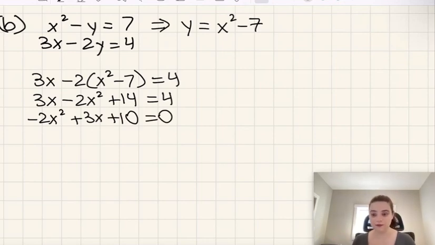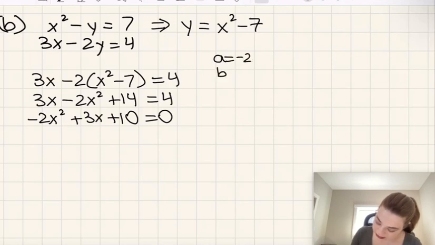And then what we need to do is use the quadratic formula. Or, I mean, we could also technically complete the square, although completing the square would be a bit of an ugly process here because there would end up being a lot of fractions and decimals we'd have to go with. So I think in this case, definitely the quadratic formula is the way to go. So a is equal to -2, b is equal to 3, and c is equal to 10.